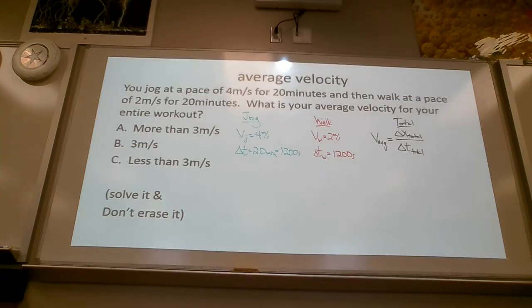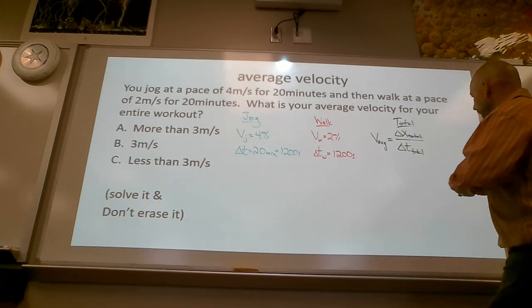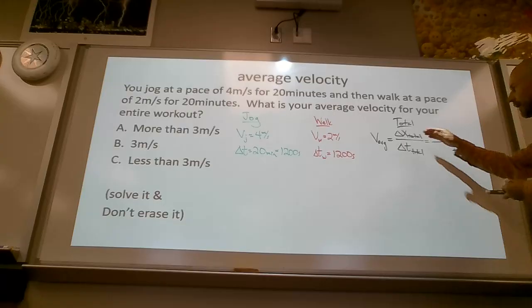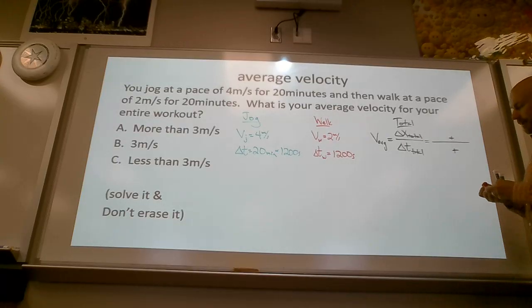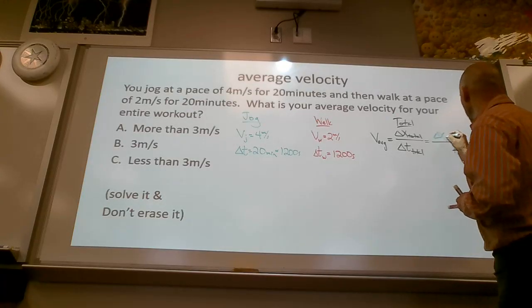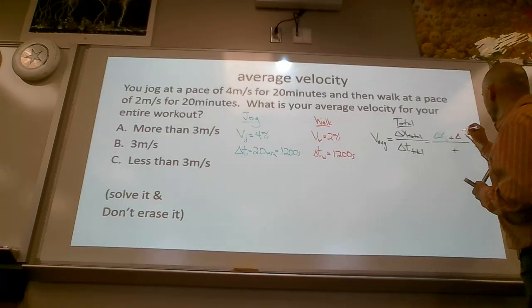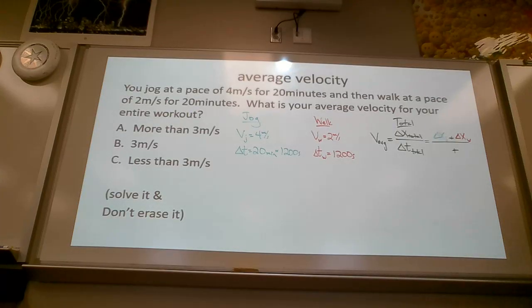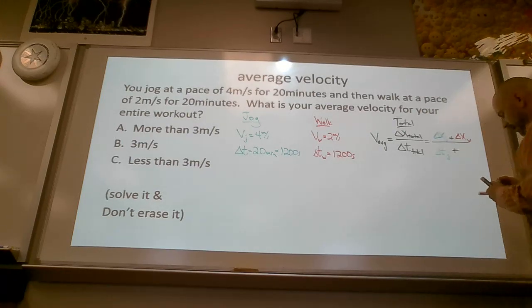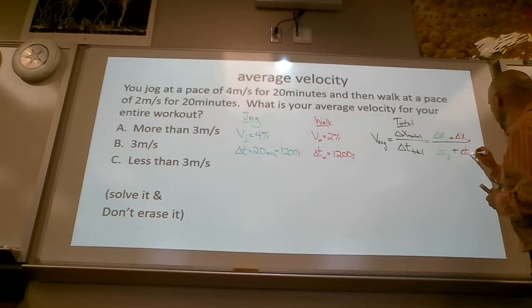Where are you going to get your total from? Well, it's the total distance of your jogging plus the total distance of your walking. Your total time, where is that going to come from? Same thing. The total time of your jogging plus the time of your walking.